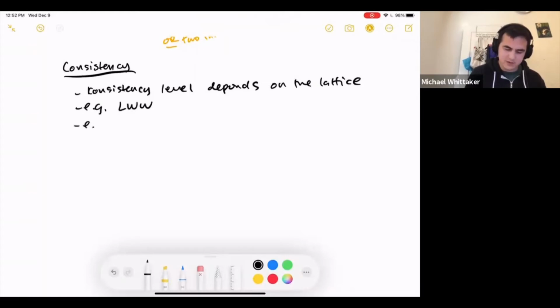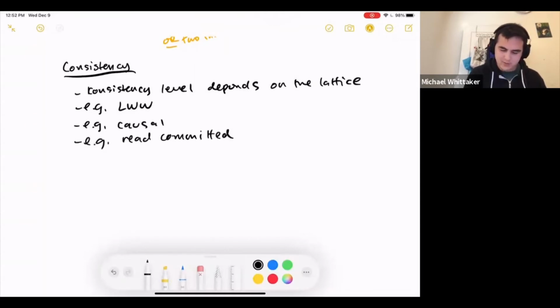I think that's the default. They also talk about causal consistency, read committed, and some other ones as well. So by choosing very clever lattices, I'm going to get different consistency levels. But I'm not going to dwell on it too much. Like I said, it's not as relevant for the auto-scaling, but the system itself is. Okay, any last questions before I move on to the auto-scaling stuff?